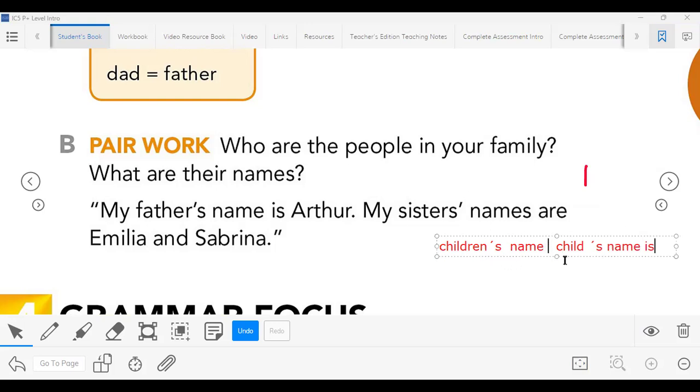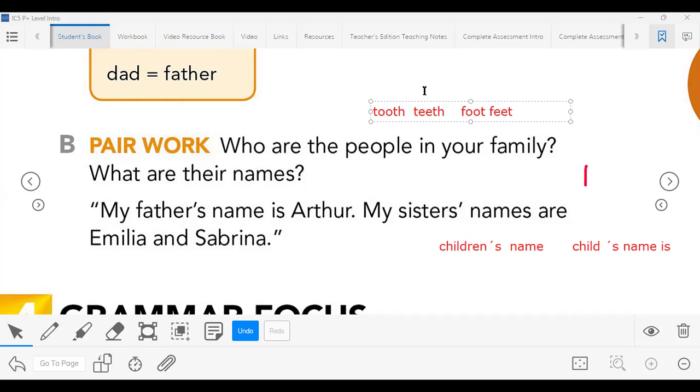With these irregular nouns, be careful, okay? If I say children's, it's not plural. If I say child's, it's not plural. Because those are irregular plurals that we don't use S to express plural. Children, plural of child. And we have some other special plurals, like tooth, the plural of tooth: teeth. The plural of foot is feet.